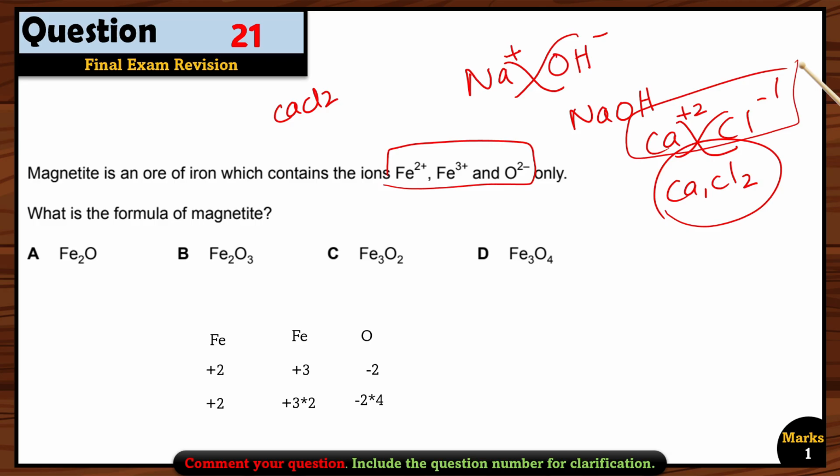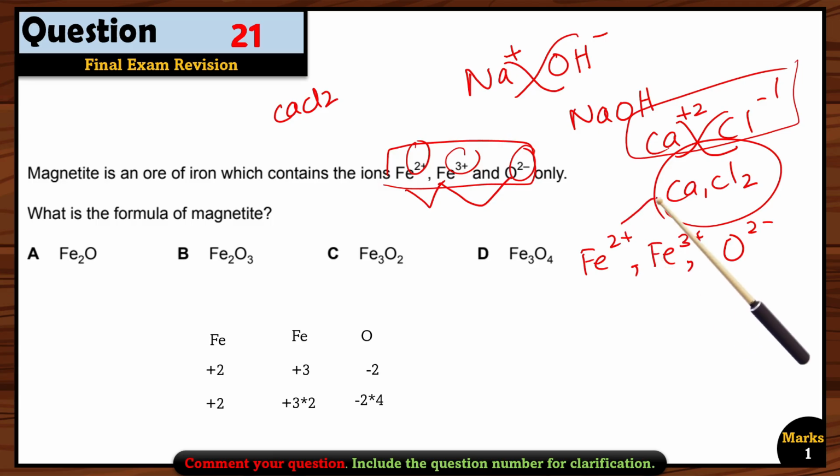Okay, so let's see now one by one. We have three elements present, and each of them has a different oxidation state. We have two different ions and one oxygen. One of them has a negative oxidation state, and the other two have positive ones. So the positive number should be equal to the negative, so your answer becomes zero. Fe is 2 plus, this Fe is 3 plus, and then we have O 2 negative.